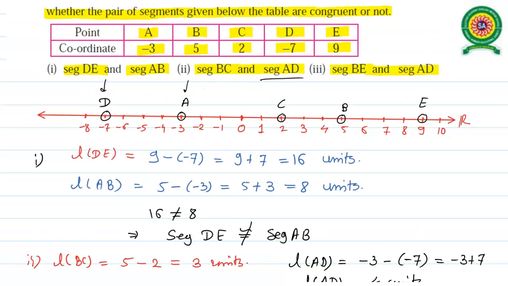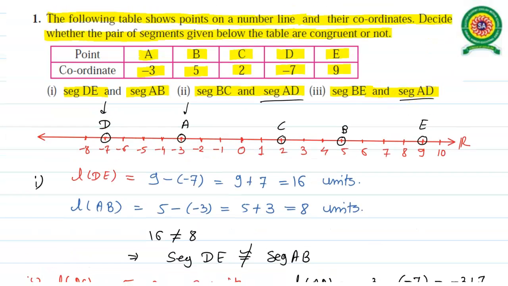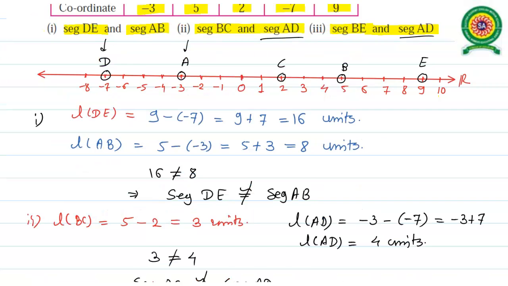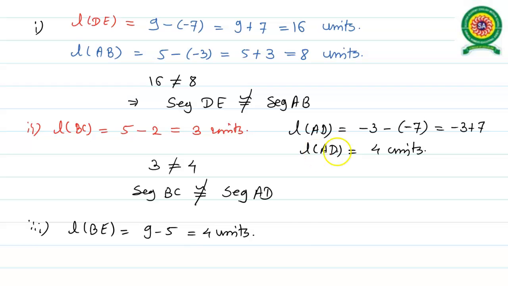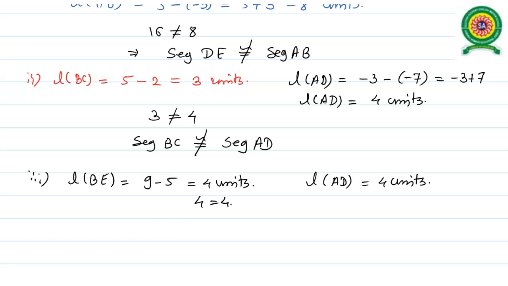Now let us evaluate the length of AD. A is at -3, D is at -7. Already we have the length of AD, that is 4 units. So 4 equals 4, which means both segments have the same length, so we can say segment BE is congruent to segment AD.